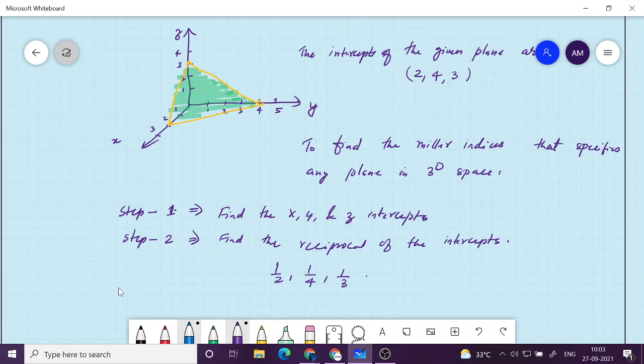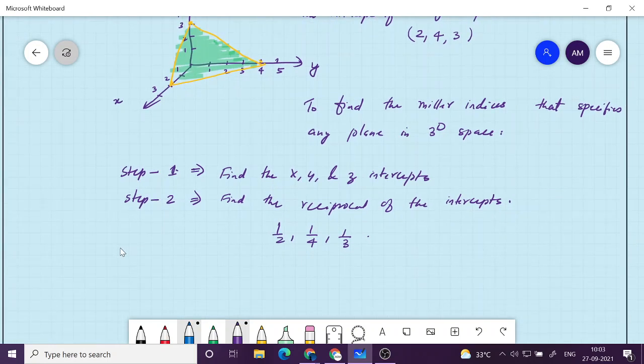And then step 3 is multiply each reciprocal with its LCM.